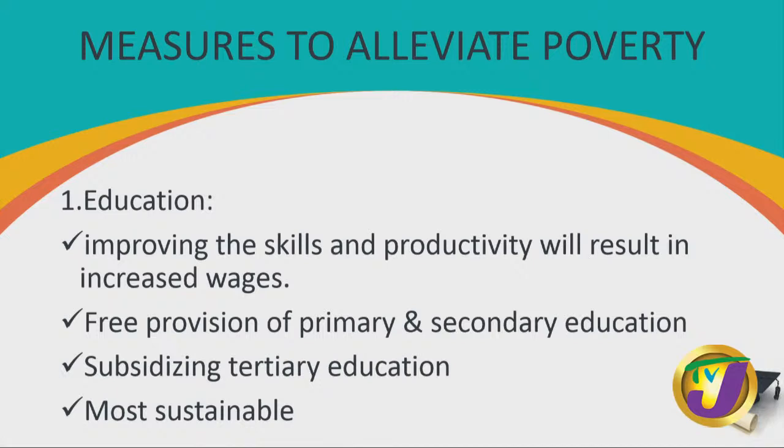May I put a plug in here also? We have a lot of training facilities, and even in this COVID period, I see online institutions offering free online courses. This will help you to increase your skill set and productivity and allow you to earn a better standard of living.